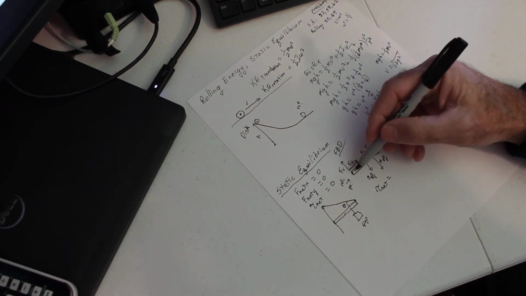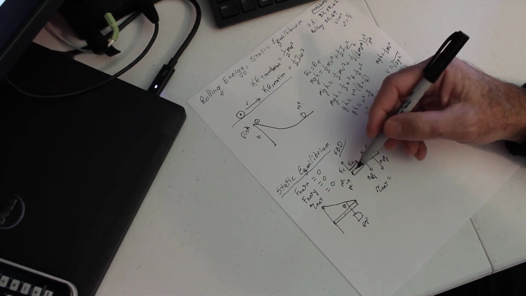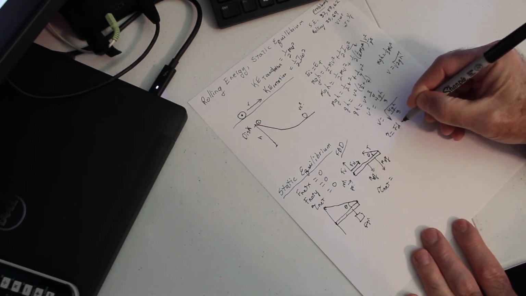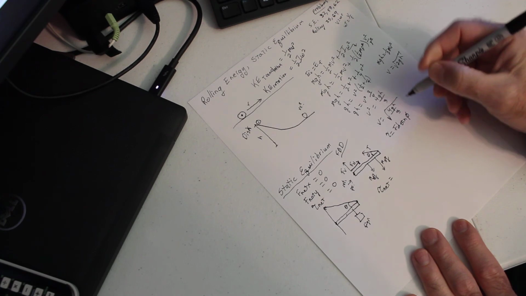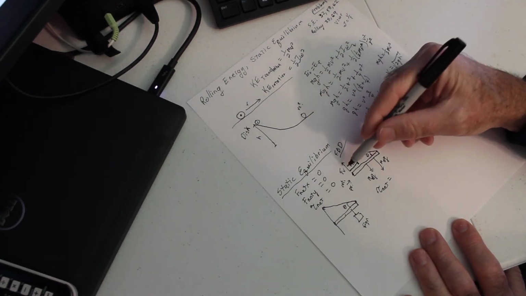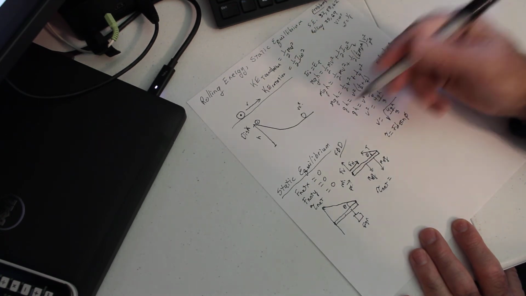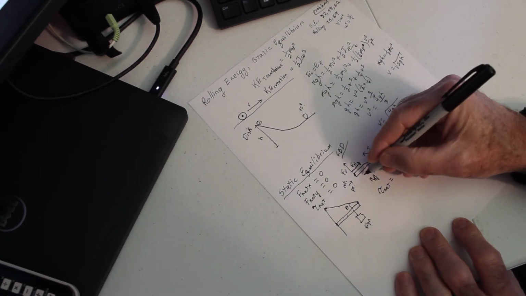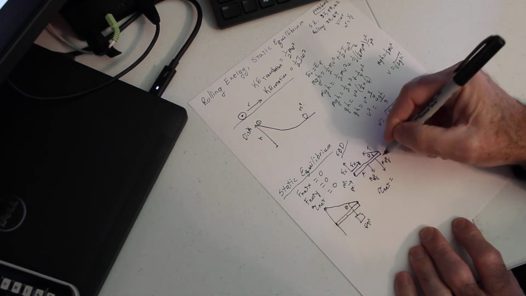Then the torque from these two forces is 0 because remember torque is equal to force times the distance times the sine of the angle in between. Well, in this case, the distance from the rotation point is 0, so neither of those have a torque. So it makes it easier. I only have to deal with these 3 forces for the torque. Now, let's say the sign has a length L right here.